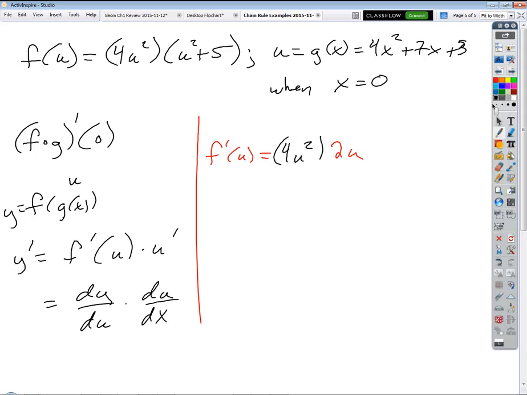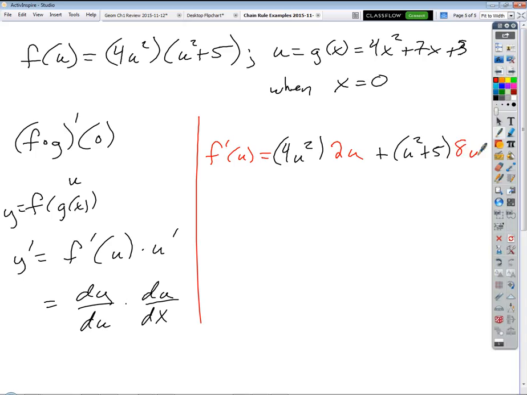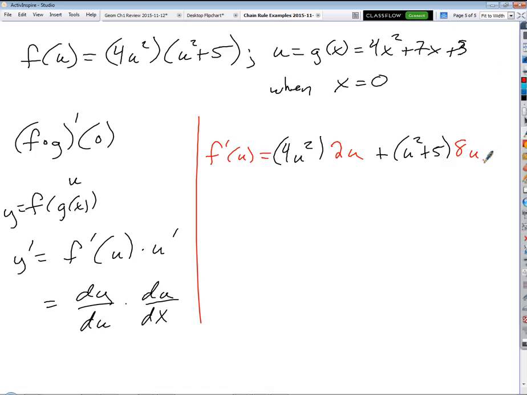Plus the second, just u squared, times the derivative of the first, which is 8u, right? So there's f prime of u, okay? That's what goes there. Now what about the u prime? Well, they tell me what u is. u is that. So we just need to find the derivative of it. Yeah. So du dx is what?